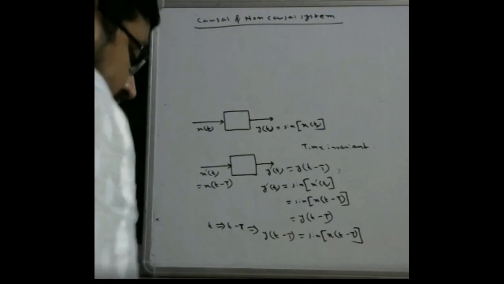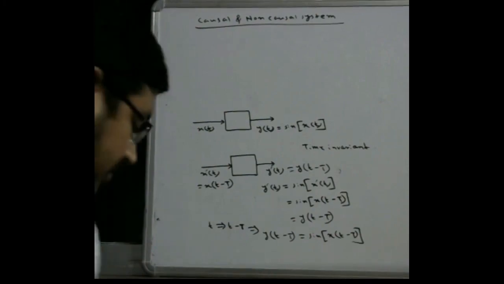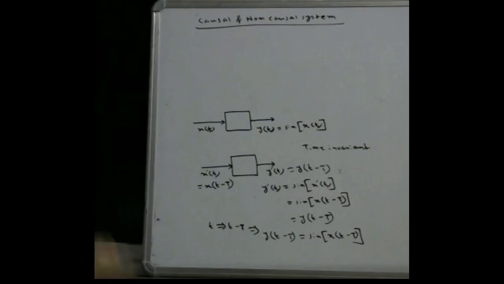A causal system is a system where the output at any instant of time depends on the present and past input. That means the current output depends on the past or present input or both.